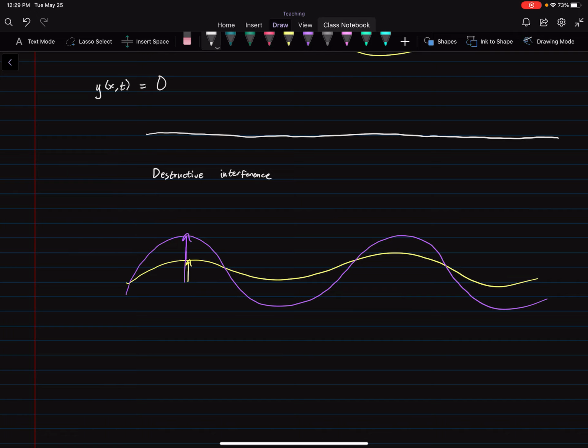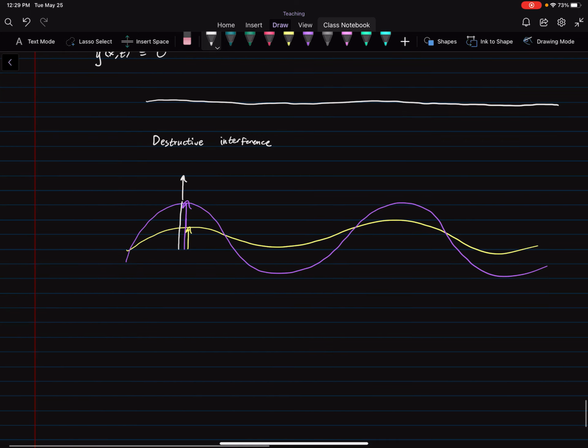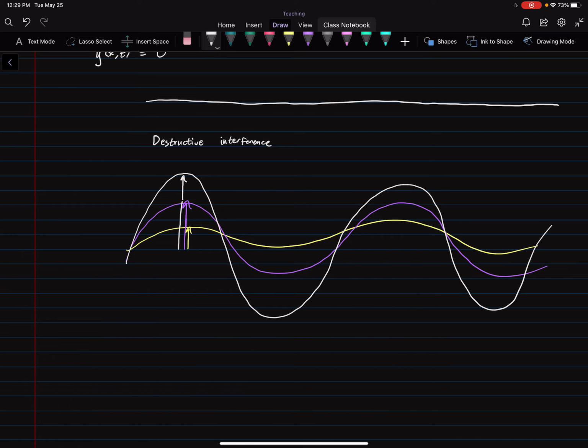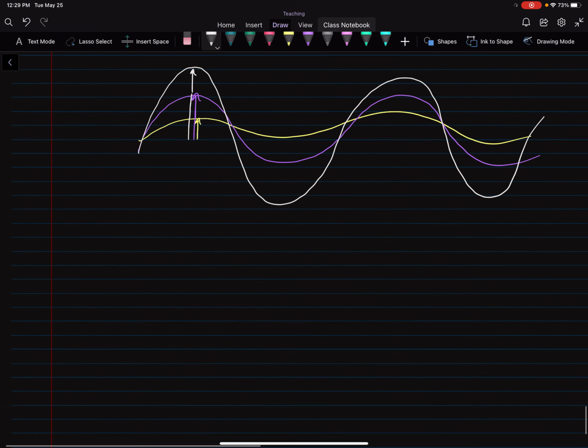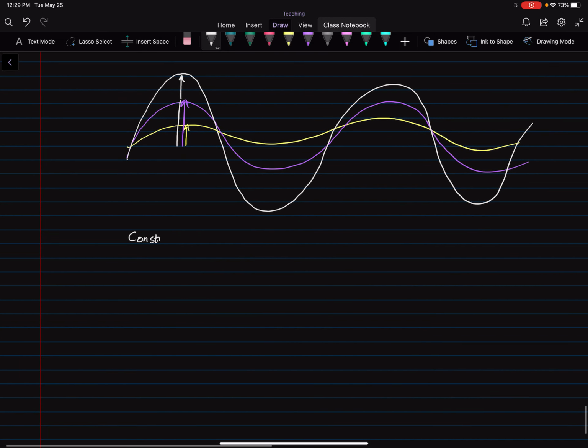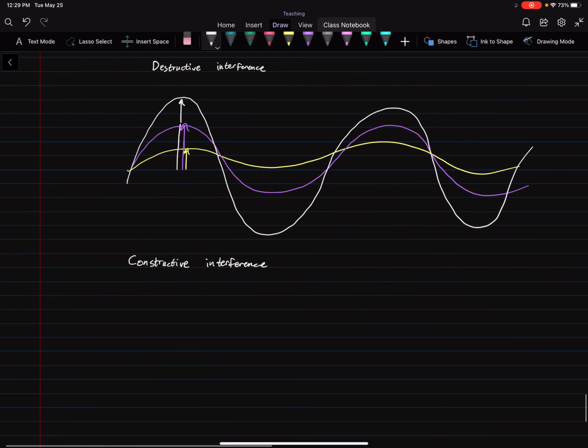So then the total amplitude is this plus this, the purple plus the yellow. So it's this total amplitude, the addition of the two waves. That is called constructive interference. Or we would say that those two waves constructively interfere.